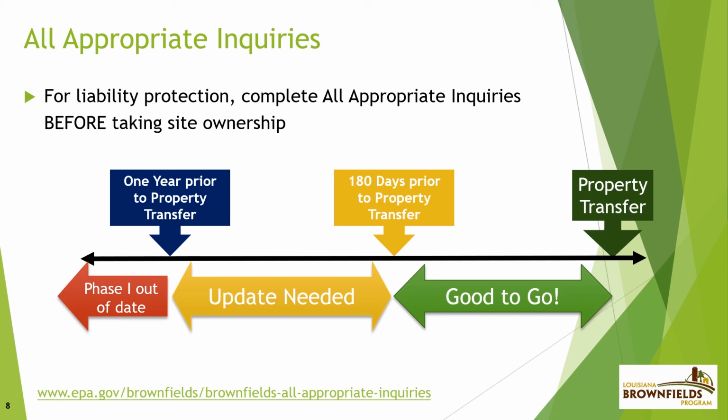However, for liability protection, some courts have ruled that the clock starts ticking at the start of the investigation, for example, when records are requested or a site visit is conducted. Basically, people were holding off completing the reports for several months, I think one of them was over a year, in order to coincide with the property transfer deadlines, and the courts decided that didn't really comply with the intention of the law. It's kind of up to you to decide which one you are most comfortable with.